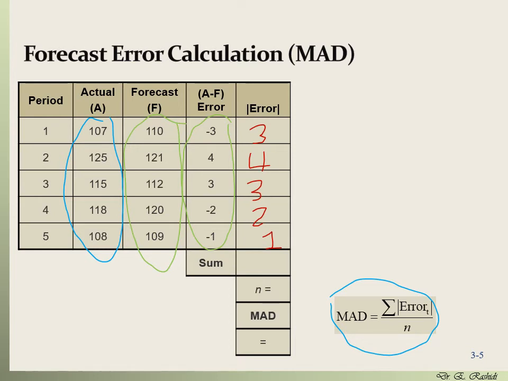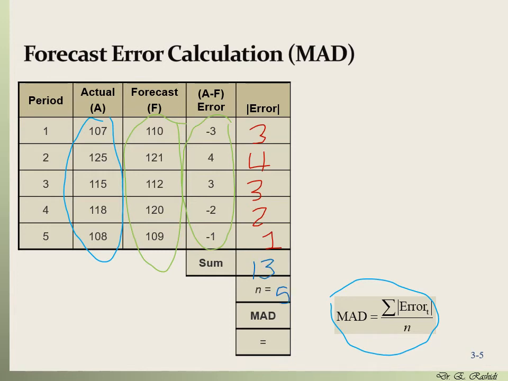Now we find the summation. We sum these up: 3 plus 4 plus 3 plus 2 plus 1, which is a total of 13. So I'm going to put 13 here, and n is 5.